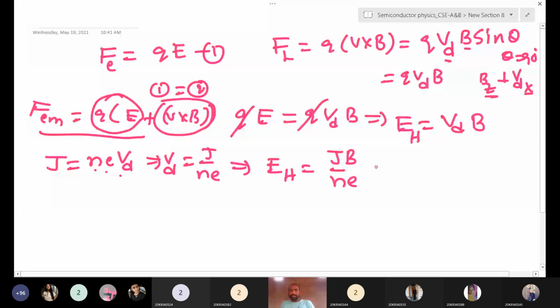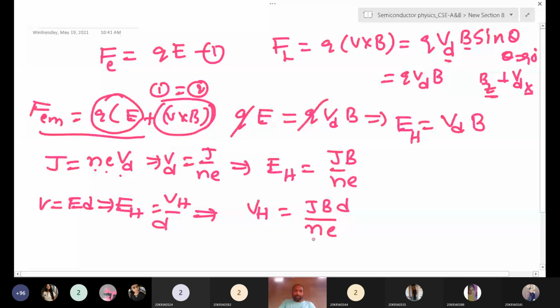Or here you can write V is equal to ED, we know that expression. EH is equal to VH by D. D is the thickness of the sample, VH is the Hall voltage, EH is the Hall field. If you replace this one, VH is equal to JBD by Ne. Or you can rewrite this expression, or you can write this expression also.